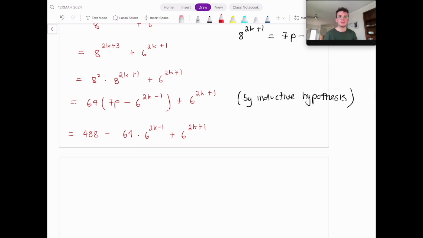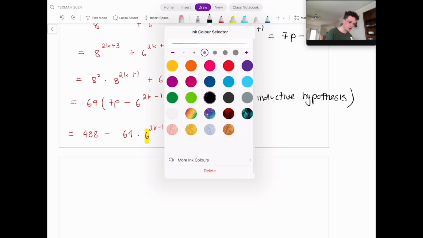Now we've got a bit of a problem here because 64 is not divisible by 7, but 448 is divisible by 7. So we might think we're a bit stuck. Whenever we get to a step like this, we're going to try and get some like terms. So we're thinking, okay, there's a 6 here and a 6 here. So if I subtract 2 from 2k plus 1, I'm going to get 2k minus 1.